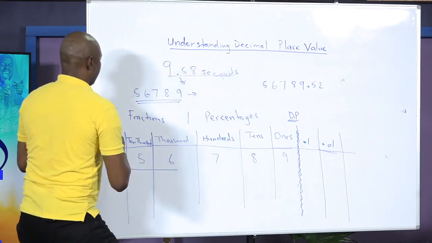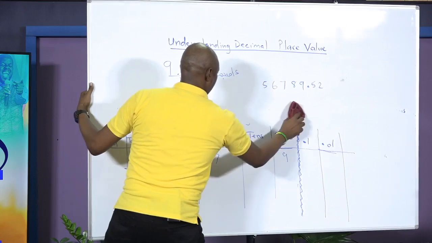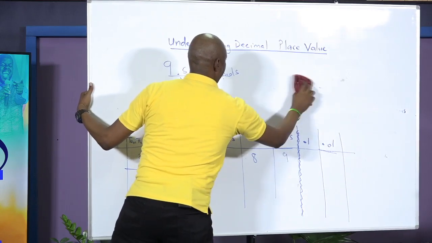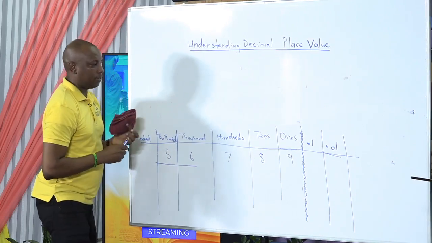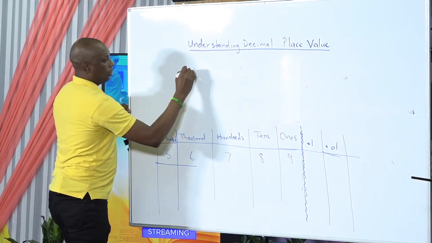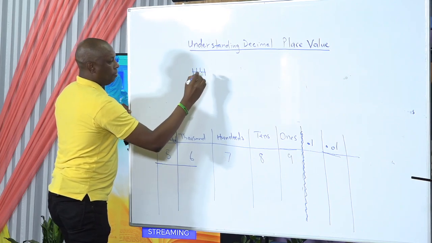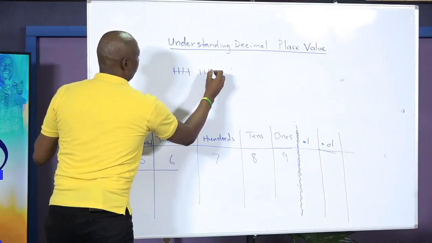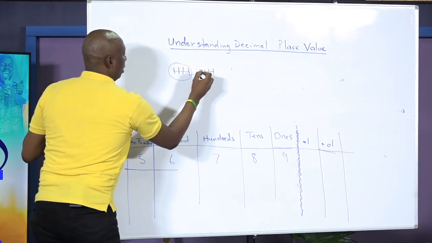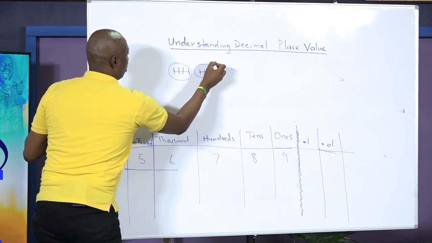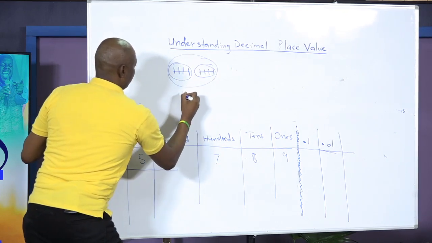And we can look at it by using a simple method on the board. We can use our tally system. I'm sure many of us can remember when we were in lower grades where we can have our bundles. 1, 2, 3, 4, 5. It's a bundle of 5. 1, 2, 3, 4, 5. These would be 5 units and another 5 units. If we were to combine them together, we would end up having 10 units.